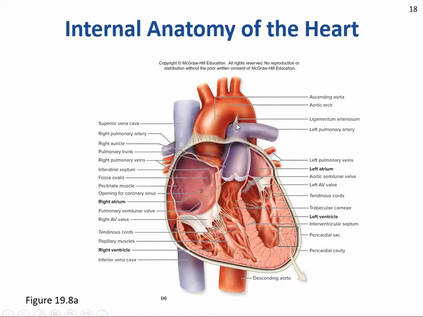Again, when the baby is born, this bypass shuts down, and the remnant of it is called the ligamentum arteriosum. It basically turns into a ligament that holds the aorta and the pulmonary trunk together. Next year in pathology, when we're looking at congenital heart defects, that's going to come into play.